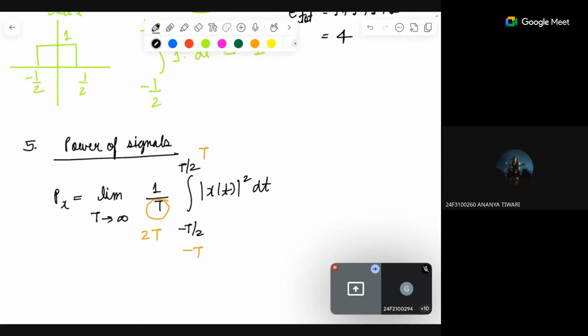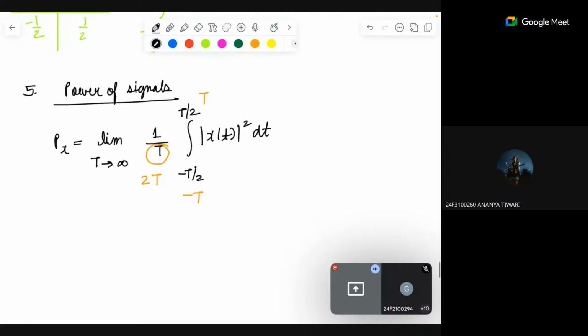After the definition, we can also say that power is the average energy of a signal, because if we put the limits here of T tending to infinity, then this becomes energy. We divide it by the period, so it is like taking an average. So power is the average energy of a signal.